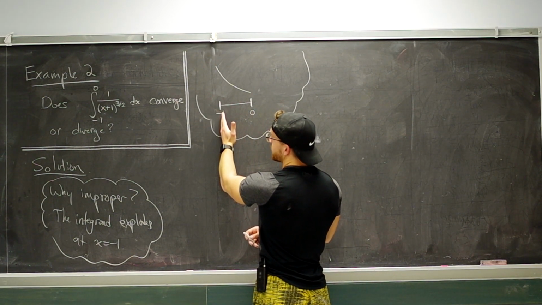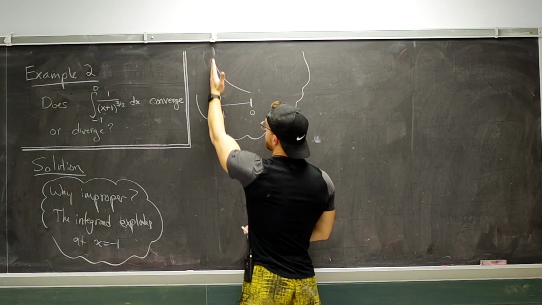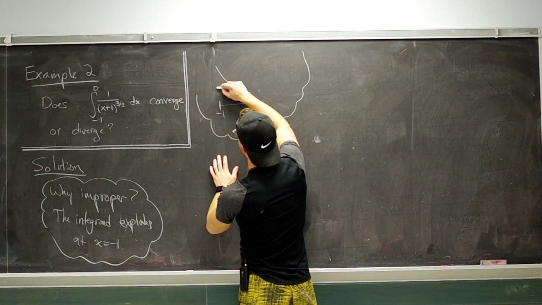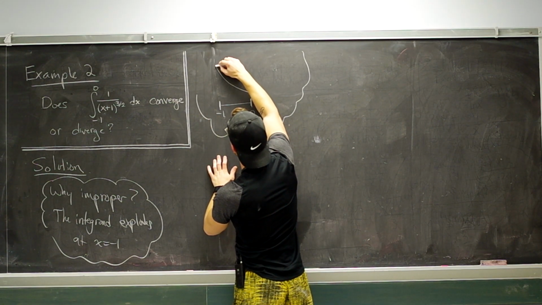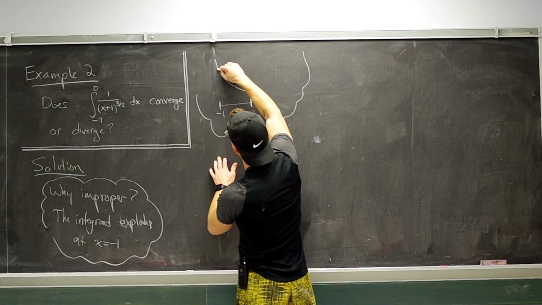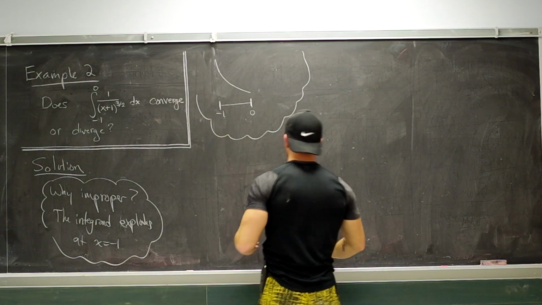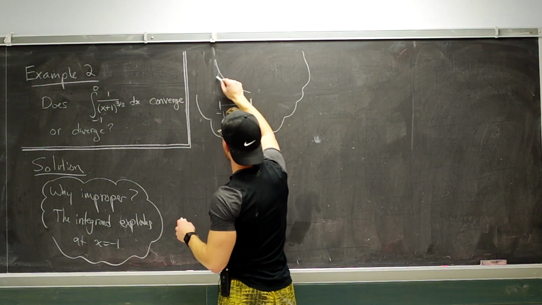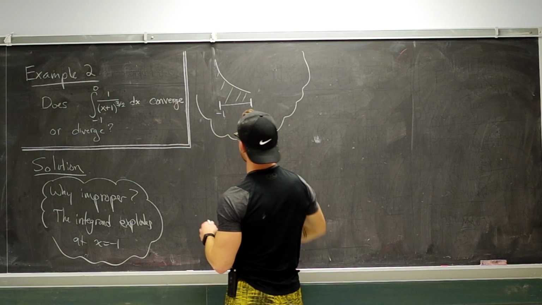As you approach -1, numbers get bigger and bigger and bigger, and so here's this vertical asymptote. And the integral that we're trying to compute is roughly the area under this curve.